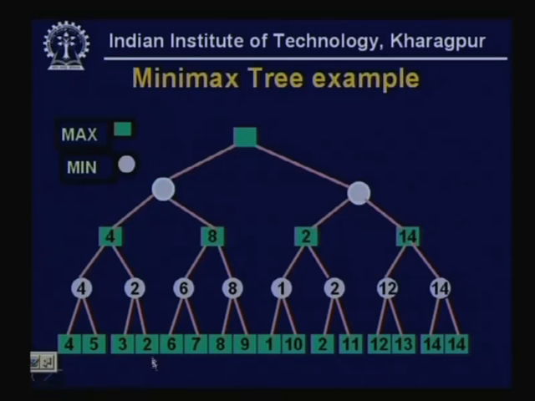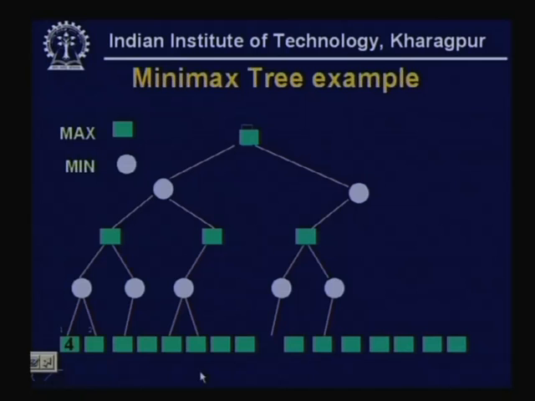So, these are the minimax values of the nodes, but if we do alpha beta pruning, this is how the nodes are evaluated.